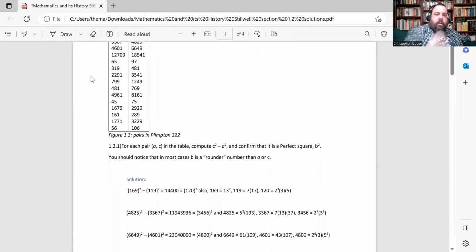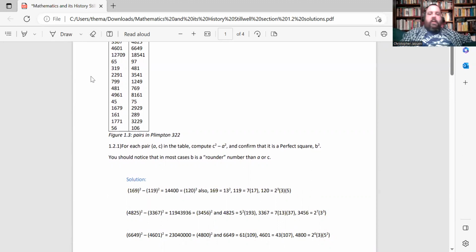Question 1 in section 1.2 says, for each pair a, c in the table, compute c squared minus a squared and confirm that it is a perfect square, b squared. He wants us to notice that in most cases the number b is a rounder number than a or c. A round number is one that's divisible by a lot of factors.